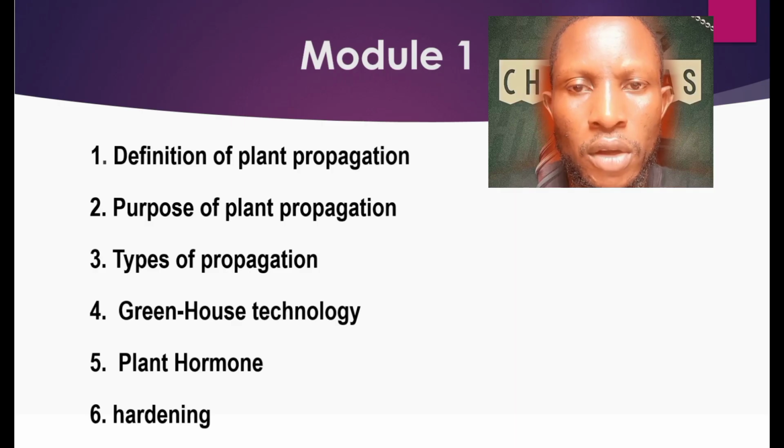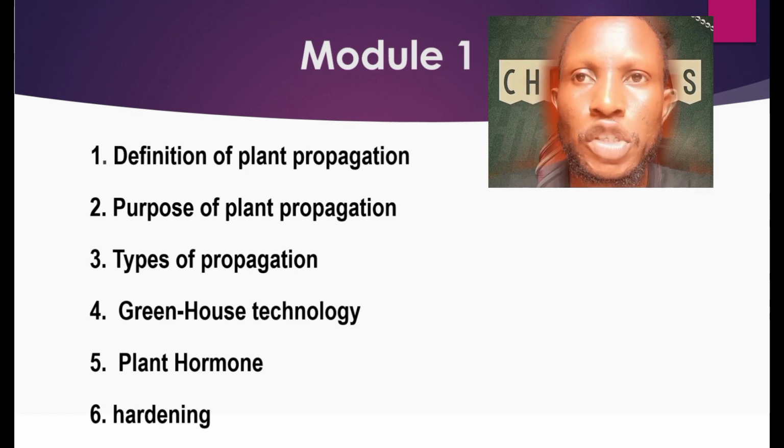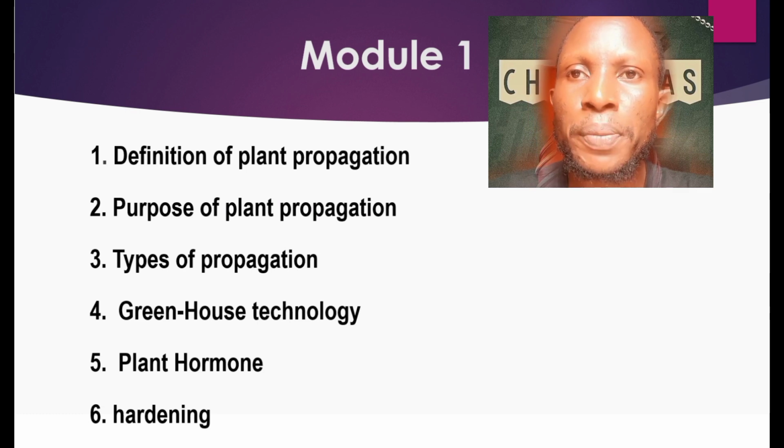In this module 1, you're going to see the following, just as you are seeing on the screen. Number 1, definition of plant propagation. 2, purpose of plant propagation, the reason why you have to propagate a plant. Then types of propagation. Now we have different types of propagation, and we're also going to look at them.